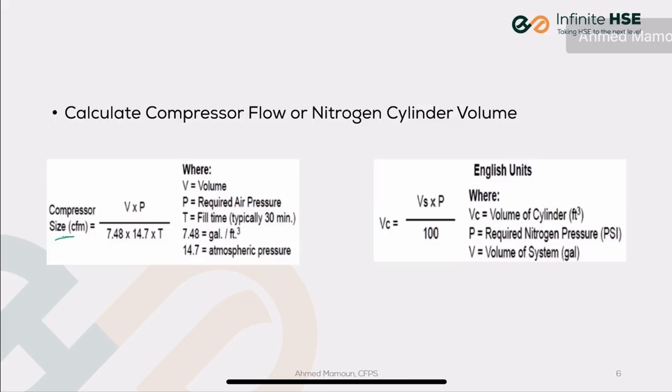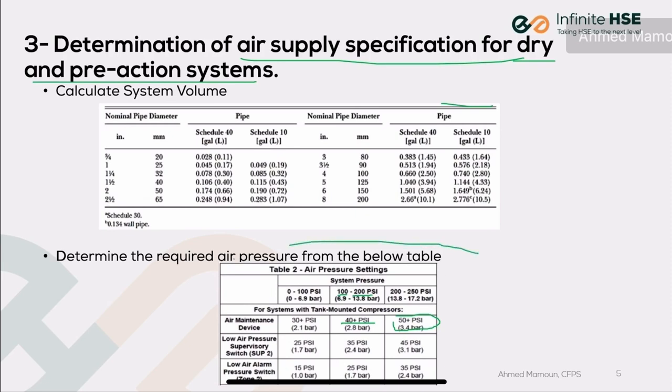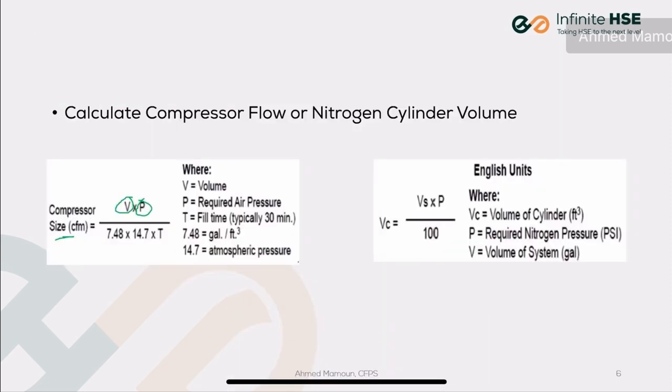Compressor size in CFM, cubic feet per minute, equals V times B, where V is the volume of our network and B is the required air pressure from the last table, divided by 7.48, a constant number, multiplied by 14.7, also a constant number, and T is the filling time, which we can take as 30 minutes. By knowing the volume of the network and the required air pressure, we can calculate the compressor size.